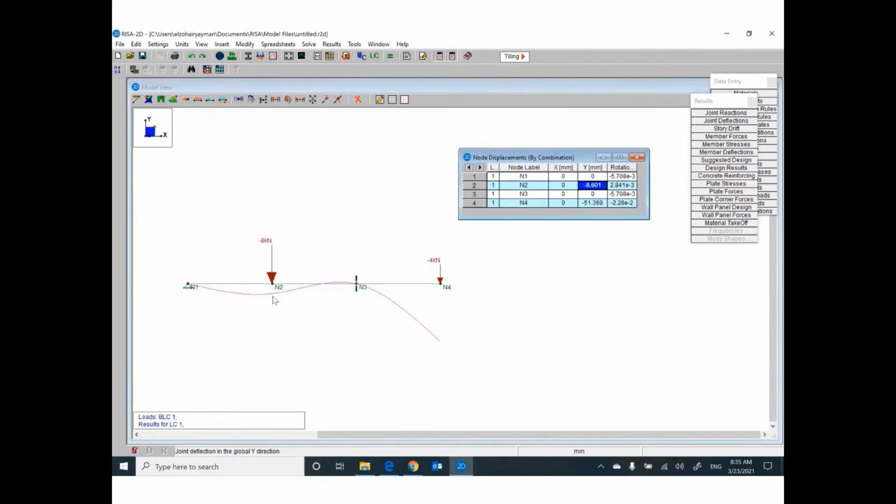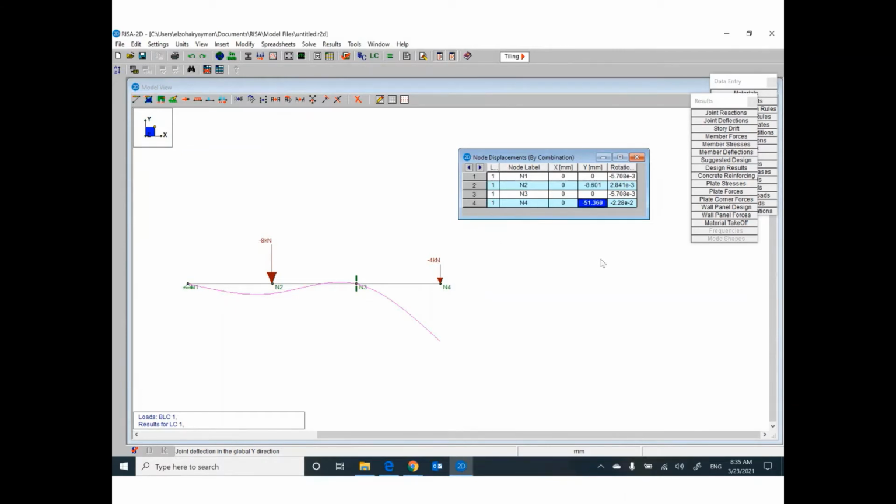That makes sense because we have concentrated load, would like to try to push this beam down. How much? 8.6 millimeter. For example, node number 4 moved down.